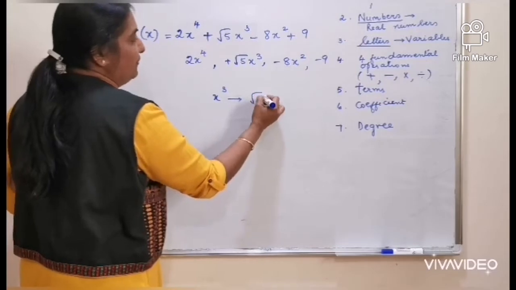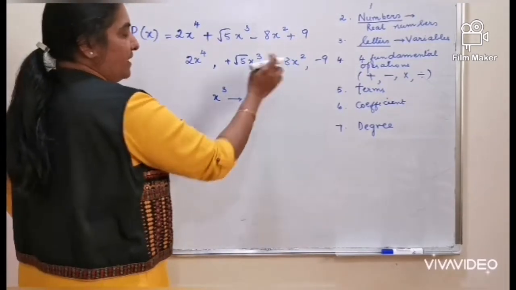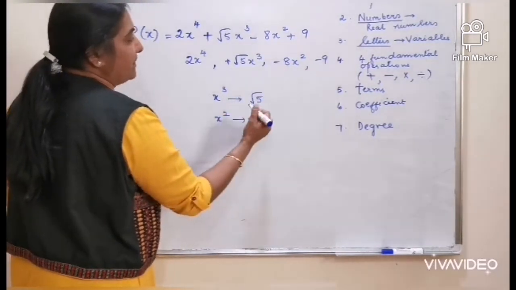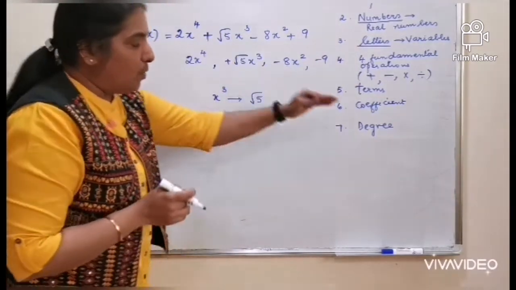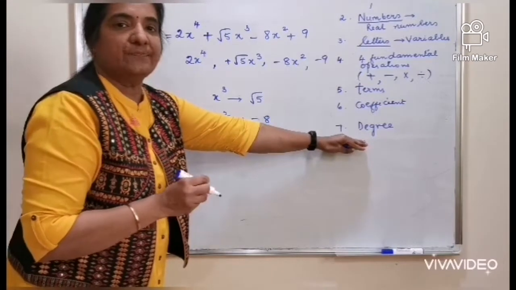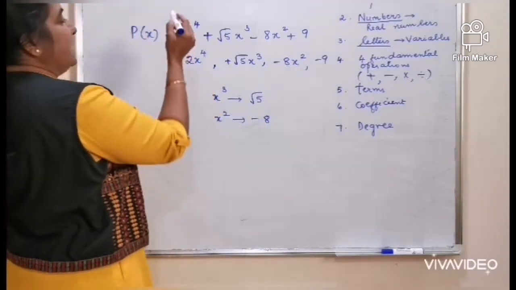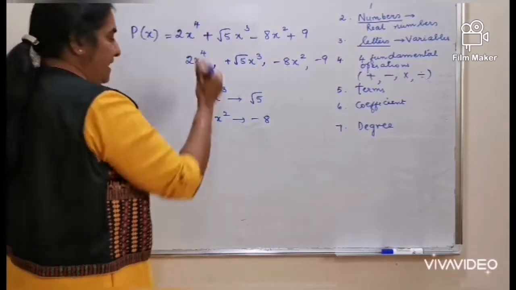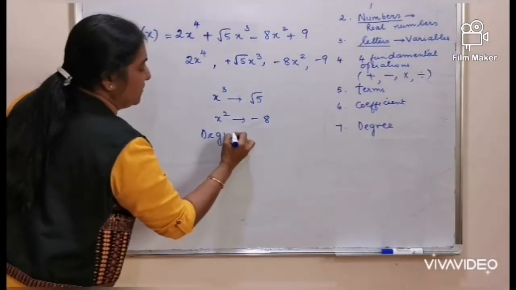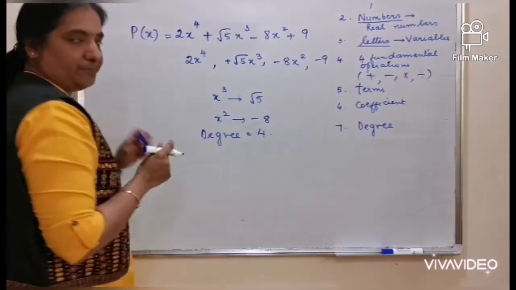It is root 5. What is the coefficient of x squared? It is minus 8. Next, what is the degree of this polynomial? The highest power of the variable is 4. Hence, the degree of this polynomial is 4.